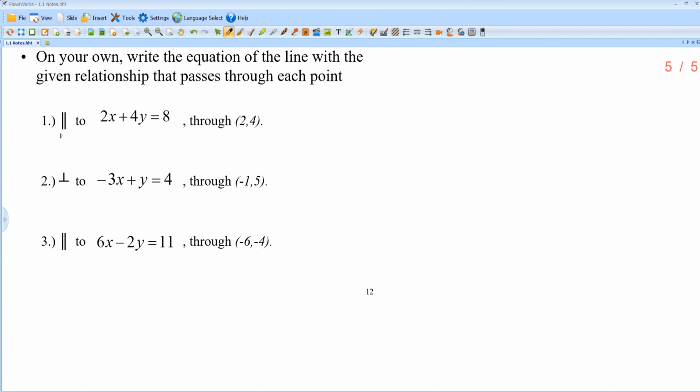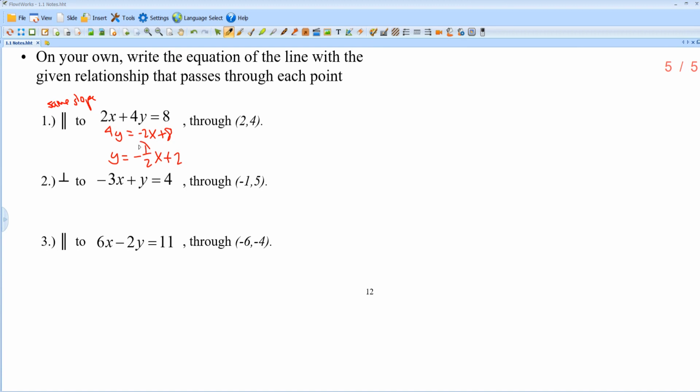So we want something that's parallel, which means the same slope, to 2x plus 4y equals 8, and going through (2, 4). So I need to solve this first. I get 4y equals negative 2x plus 8. Divide by 4, y equals negative 1/2 x plus 2.